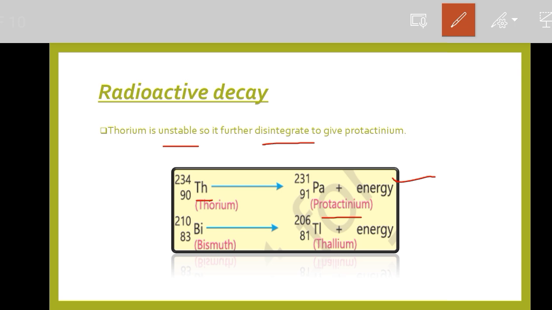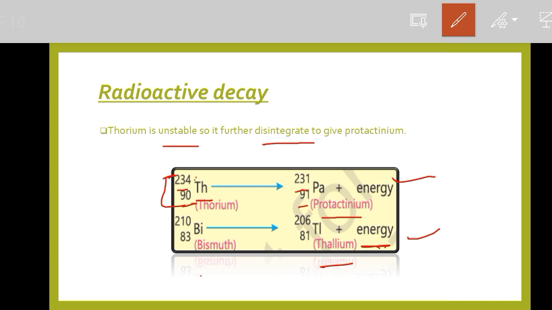Here is another example, bismuth. Bismuth is also a radioactive isotope, so it decomposes into thallium and releases energy or radiation. Here you can see a clear difference in their atomic mass and atomic number. Here 234 is the atomic mass, while protactinium is 231 and 91.